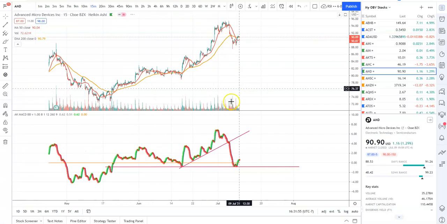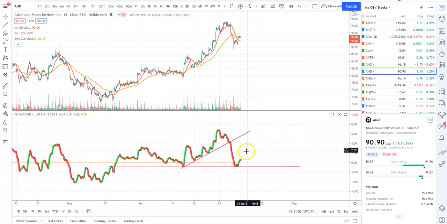So we just take a look here quickly at the momentum, and nothing bad at all going on right now.